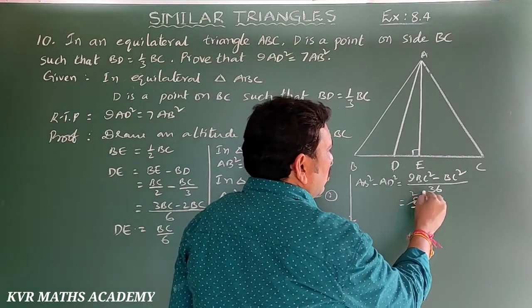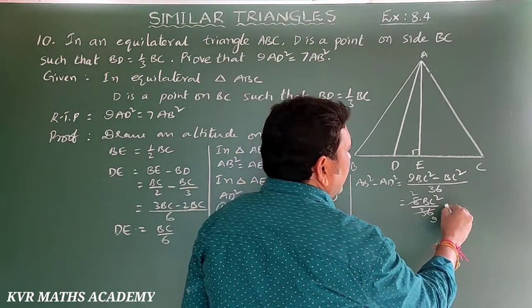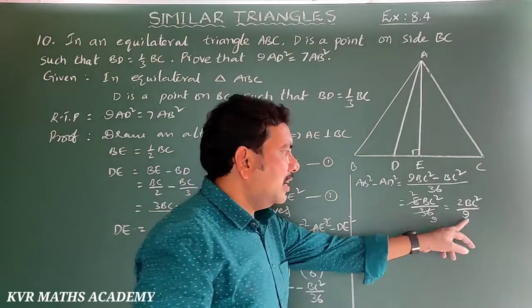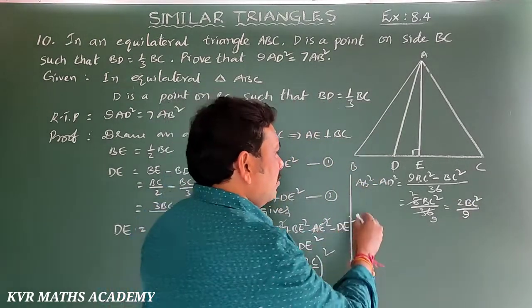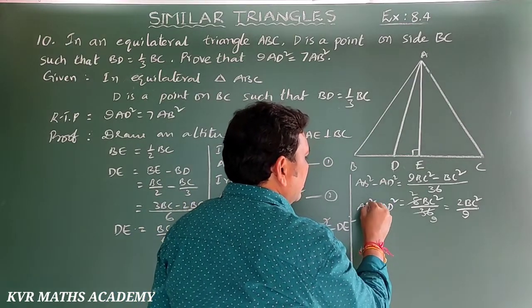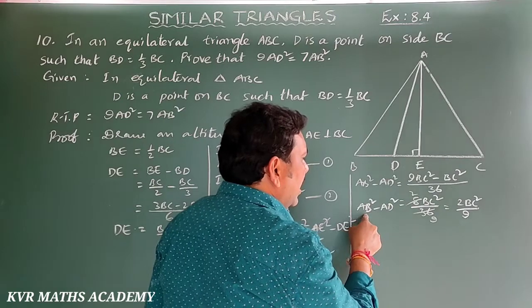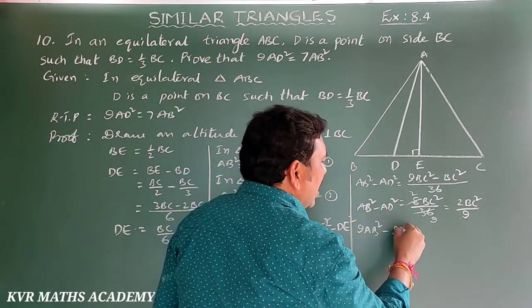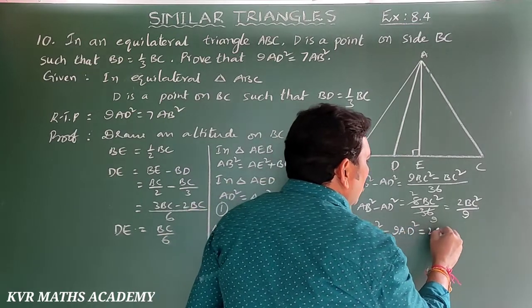Here 4 2s are 4, 9s are 9. That is equal to 2BC square by 9. Here 9 is transferred to this side: 9AB square minus 9AD square is equal to 2BC square.